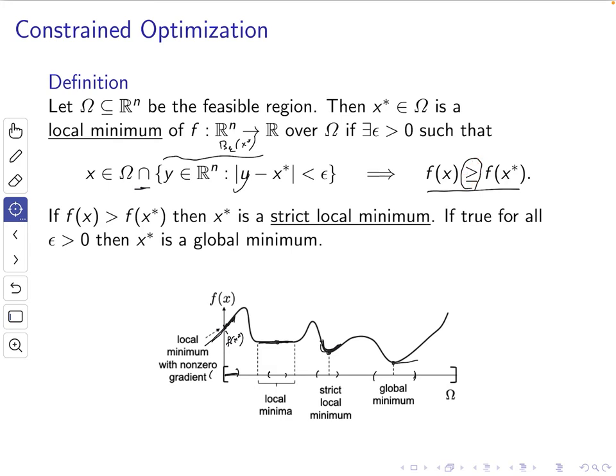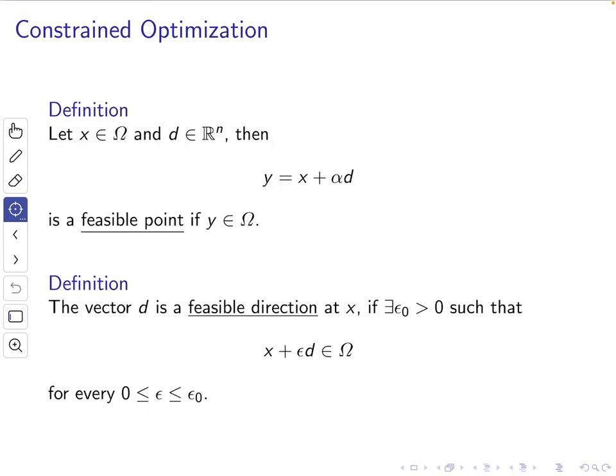And if we can pick epsilon arbitrarily large, then we get a global minimum. This is the only global minimum, because if we pick epsilon arbitrarily large, this is the only point that's smaller than everything shown here. So these are definitions.